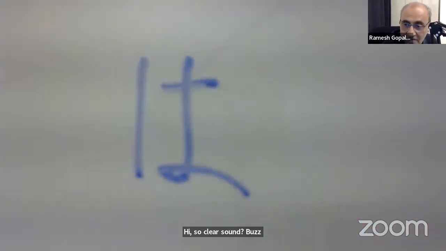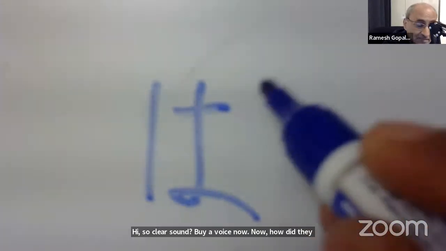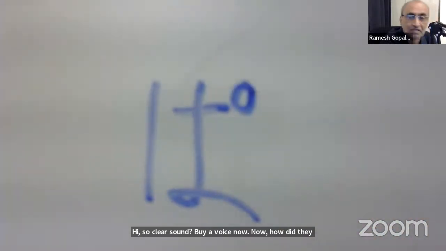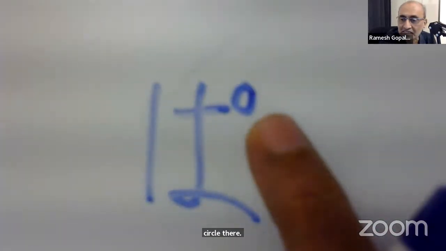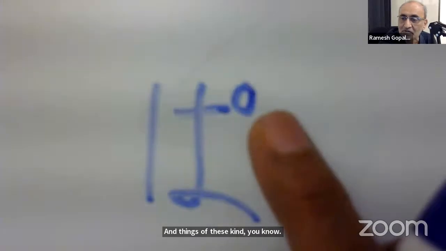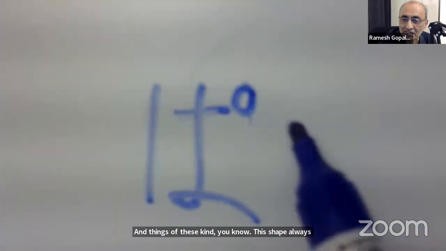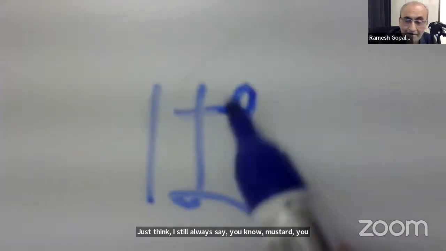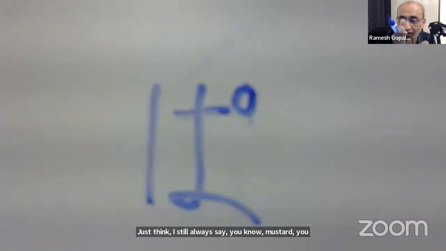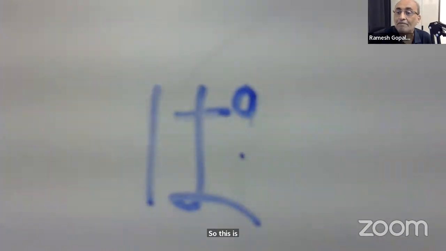Ha is a clear sound. Pa is a plosive sound. Now, how did they write pa? They simply added the small circle there. And things of this kind, this shape always pops. I used to always say, mustard, you heat it up, it cracks, no? It pops. So this is pa. Ha, pa.